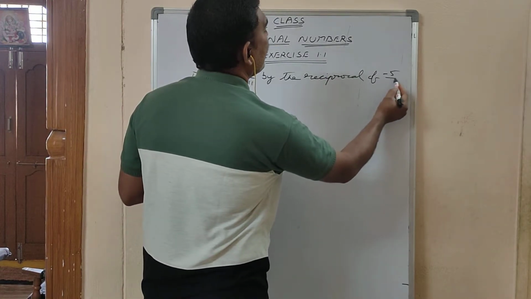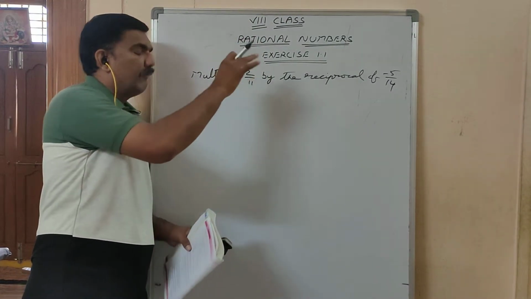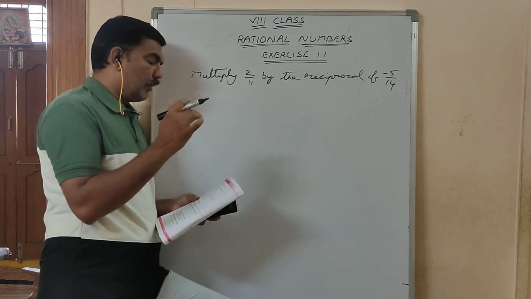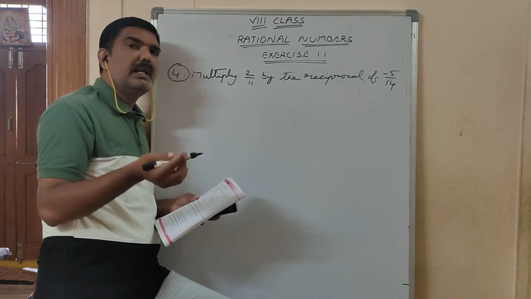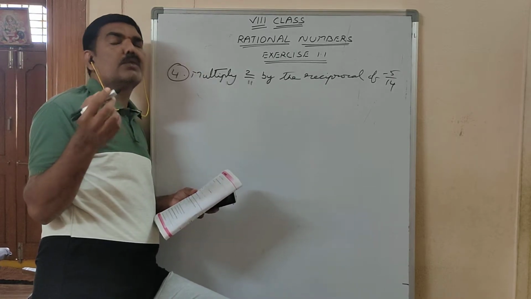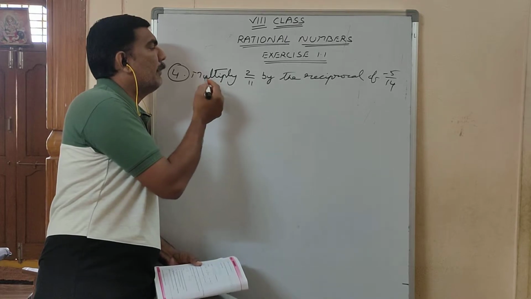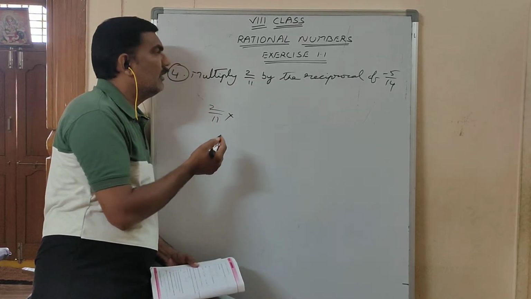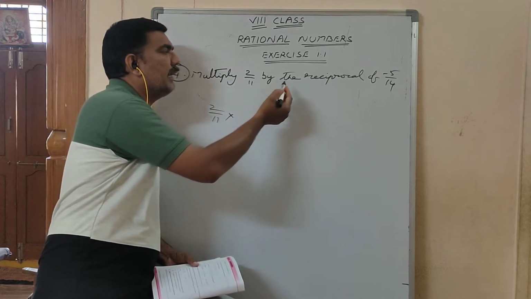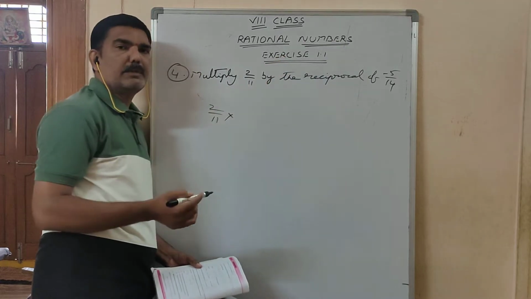While doing a problem, every student should first read the question and understand it. What is he asking first? Multiply 2 by 11. 2 by 11 should be multiplied. With which do you have to multiply? Not with minus 5 by 14, but the reciprocal of minus 5 by 14.